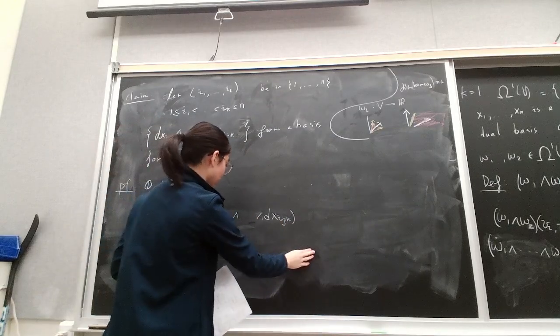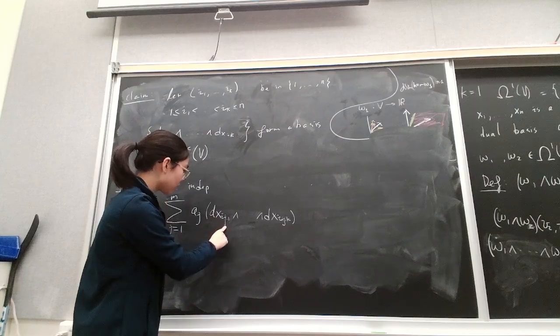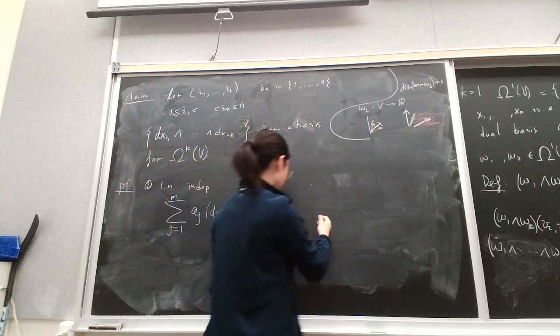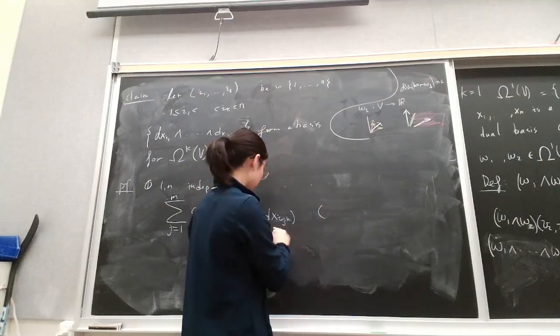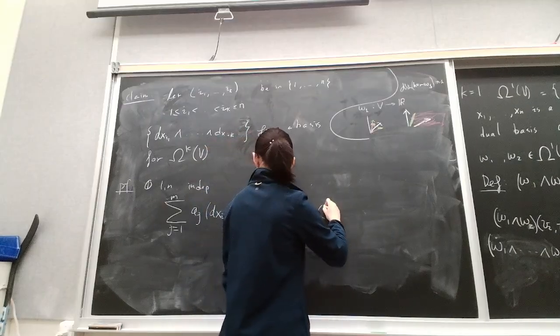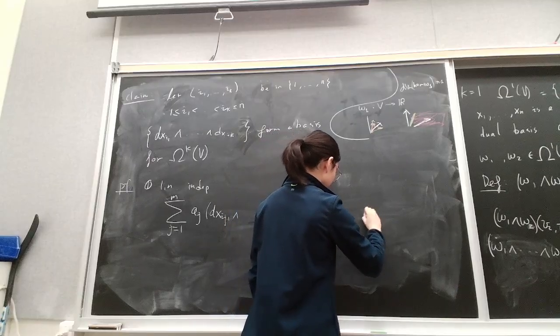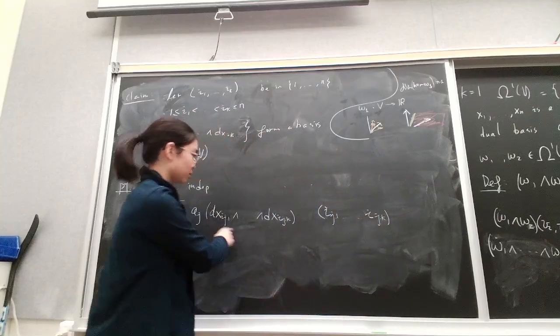Okay. This is a lot of indices. So for each j, we have a k-tuple of ascending numbers, ij1 up to ijk. Does this make it clear?